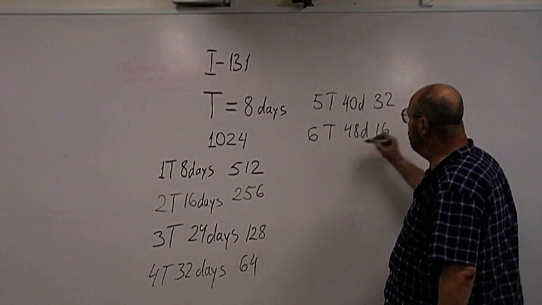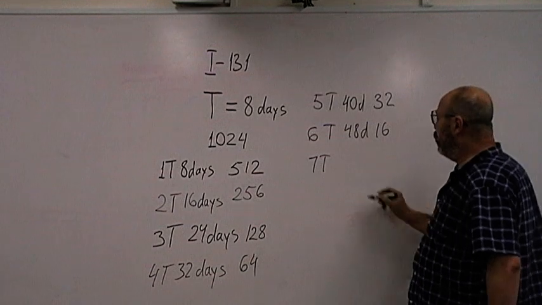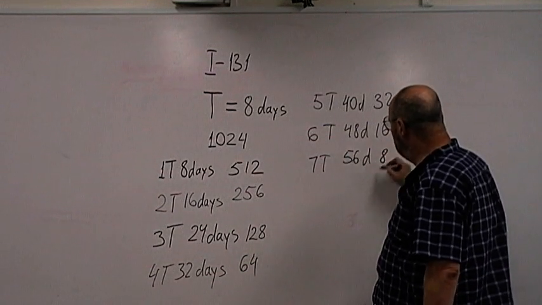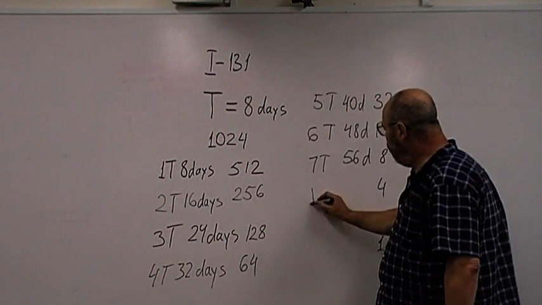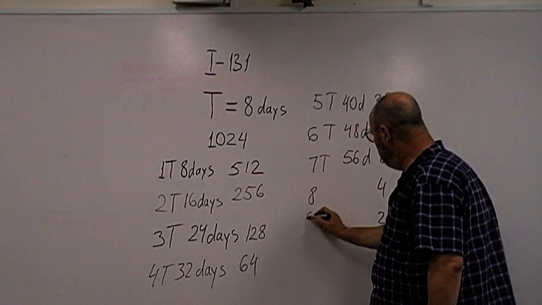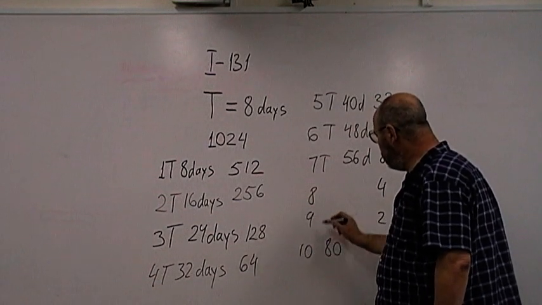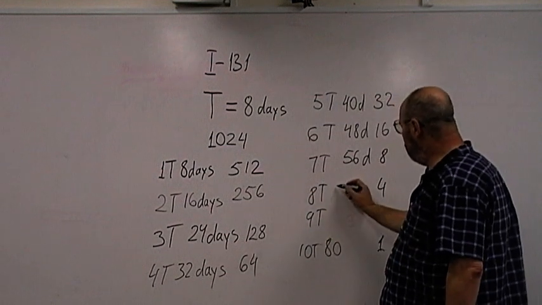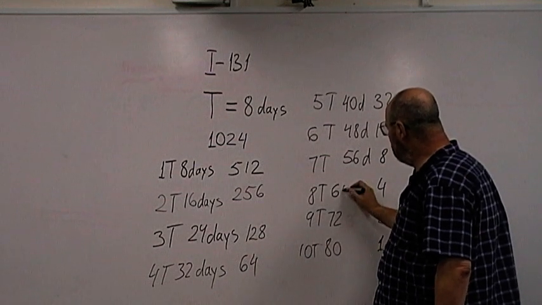We have 16 left. 7 periods of half-life, 56 days. 8, then 4, 2, 1. 9, 10, so 80 days, 72 days, 64 days.